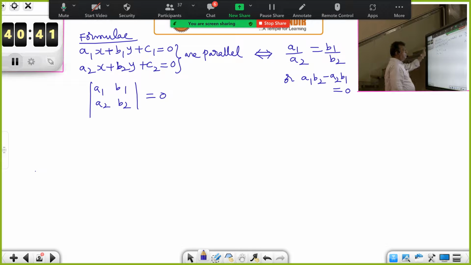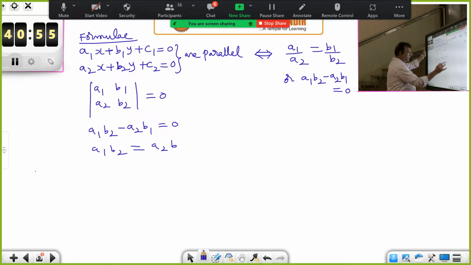So if you expand this determinant, what do you get, Tanmayi? Sir, we'll get a1 into b2 minus a2 into b1 is equal to 0. That means a1 b2 is equal to a2 b1. That means a1 by a2 is equal to b1 by b2, sir.